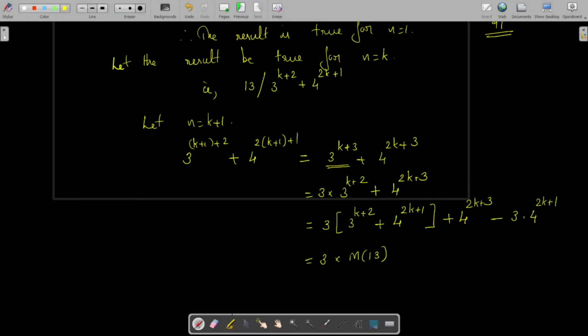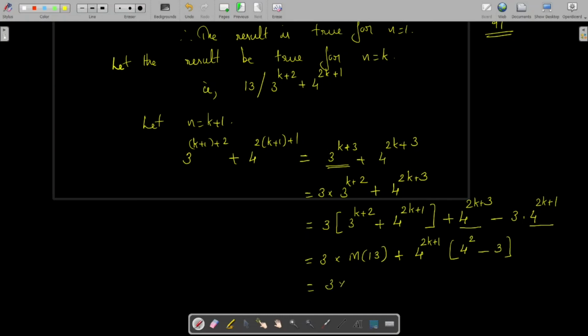Now here we can see that there are 4 raised to 2k plus 3 and 4 raised to 2k plus 1. The smallest is 4 raised to 2k plus 1, so we take it as a common factor. So we have plus 4 raised to 2k plus 1 into 4 raised to 2k plus 3 divided by 4 raised to 2k plus 1, which becomes 4 square. So here we have 4 square minus 3.